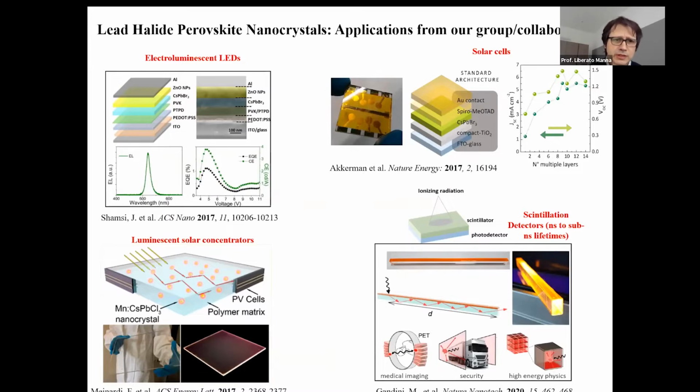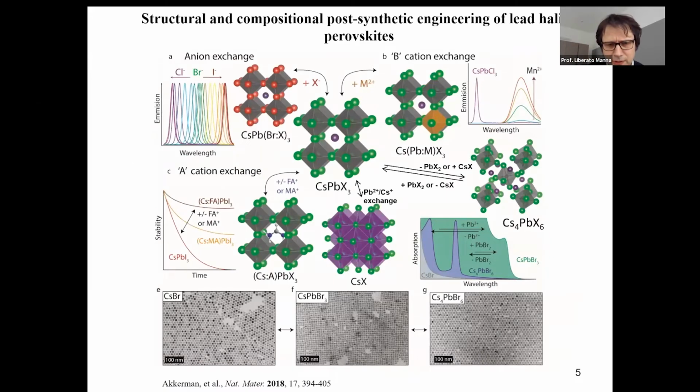We do electroluminescent devices, we do solar cells, we do scintillation for detection of X-rays in collaboration with Brovelli in Milan, and we also do luminescent solar concentrators. There are a lot of transformations that you can imagine in perovskite nanocrystals, and this is the reason why these materials have been so interesting for chemists.